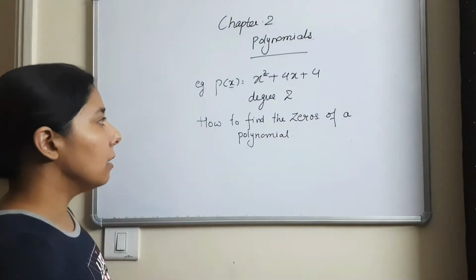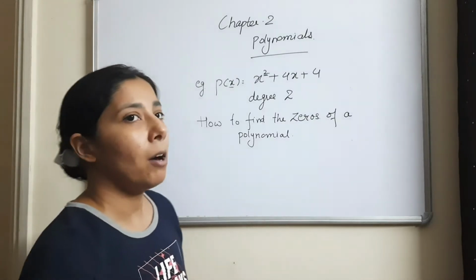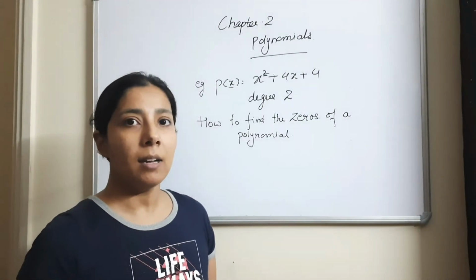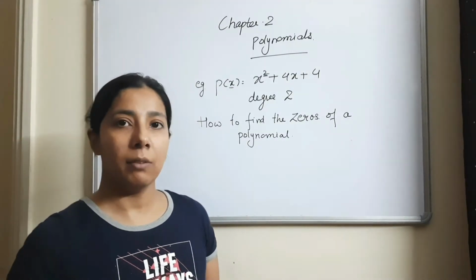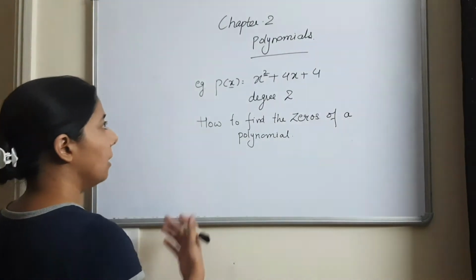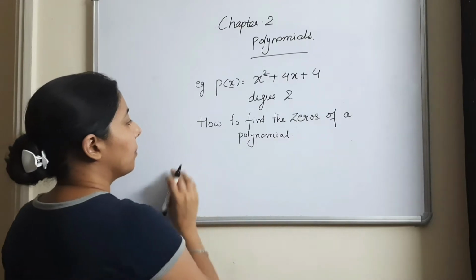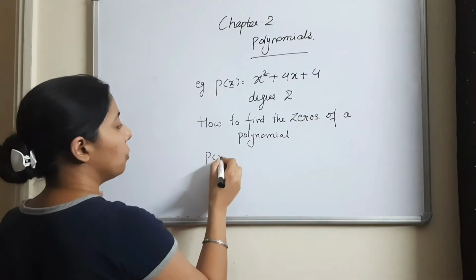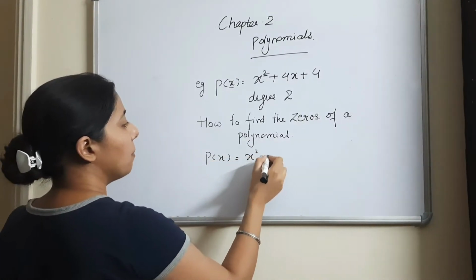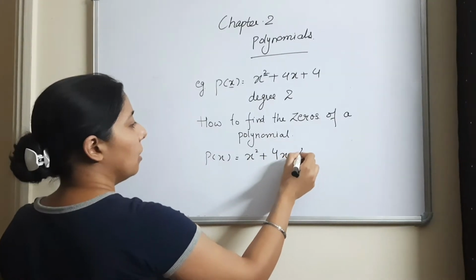In this topic we will be discussing the method to find the zeros of a given polynomial. So let's start. Let's take this polynomial as an example: p(x) is equal to x square plus 4x plus 4.